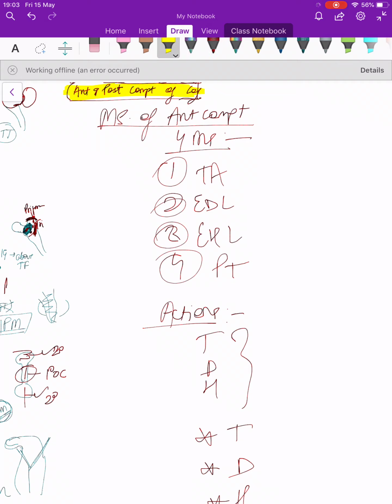You can remember it with Tom, Dick, Harry or prime. And the peroneus tertius, this muscle helps in the eversion of the foot.